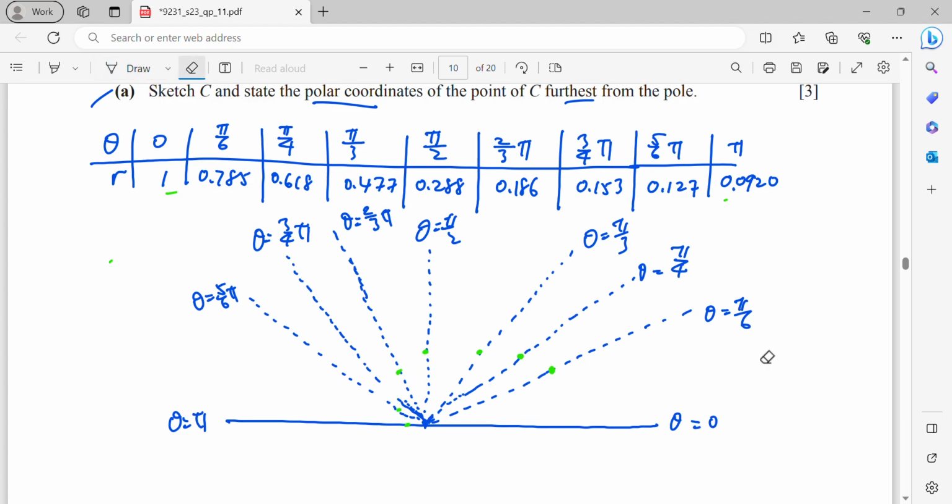Right? So if you sketch according to the scale, then you will get the accurate graph. Here I will just simply sketch.